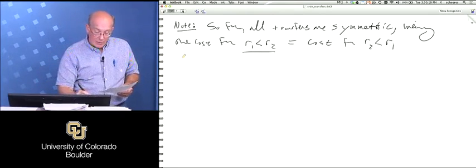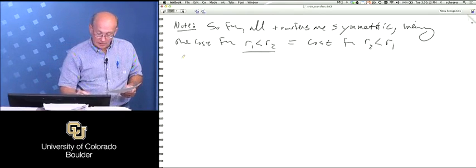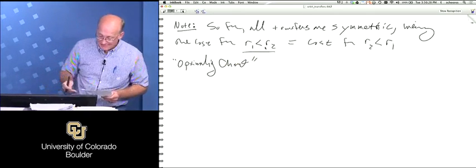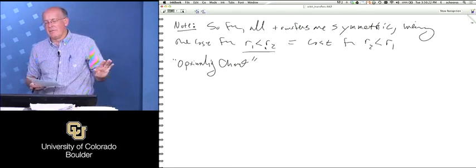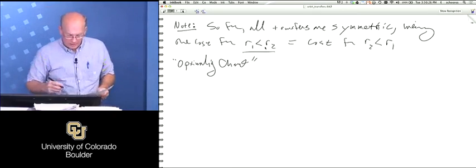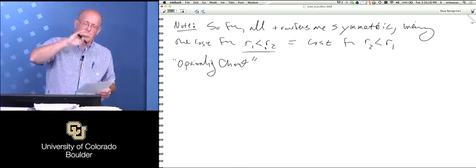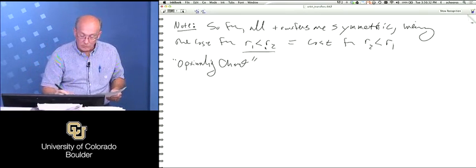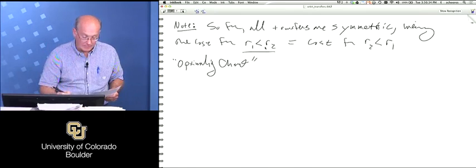We just assume this for convenience. What this means is that we can start to draw what we could call an optimality chart, which is going to show us, as a function of what the value of R is, what the optimal transfer will be for our given problem.